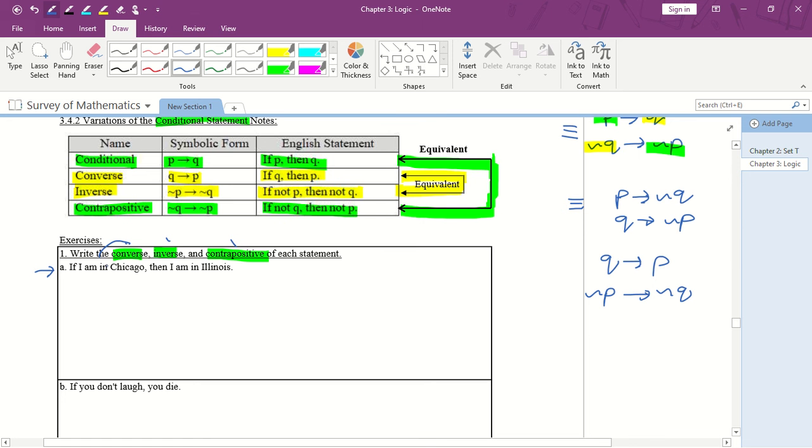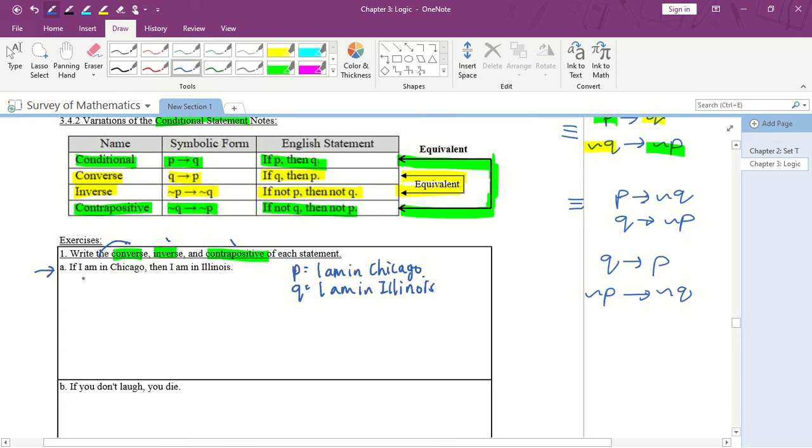For sure, the first thing you need to write is what P is and what Q is, the simple statements. If I am in Chicago, then I am in Illinois.